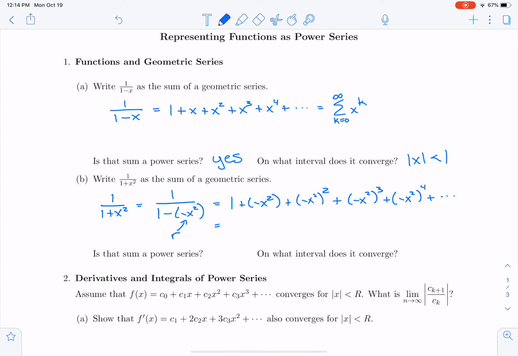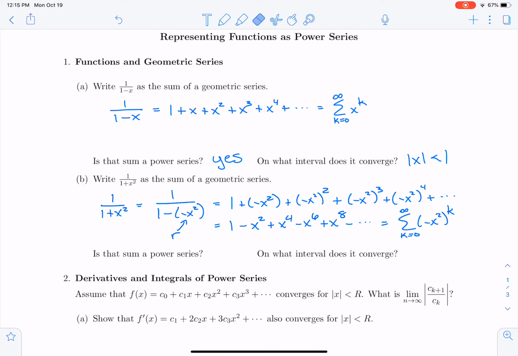So that looks like 1 minus x squared plus x to the fourth minus x to the sixth plus x to the eighth minus, etc. We can write that as the sum from k equals 0 to infinity of negative x squared to the k power.